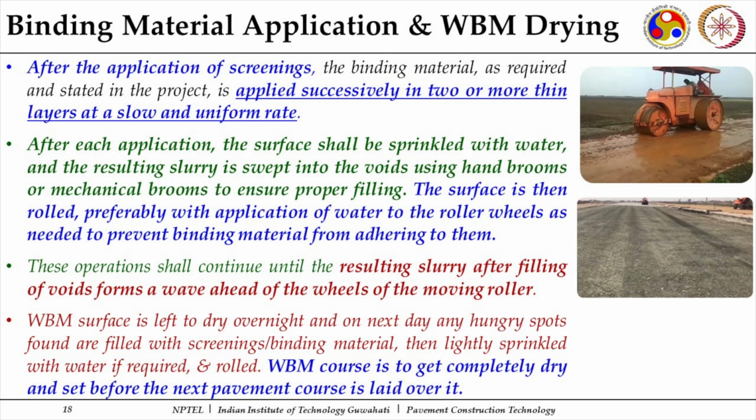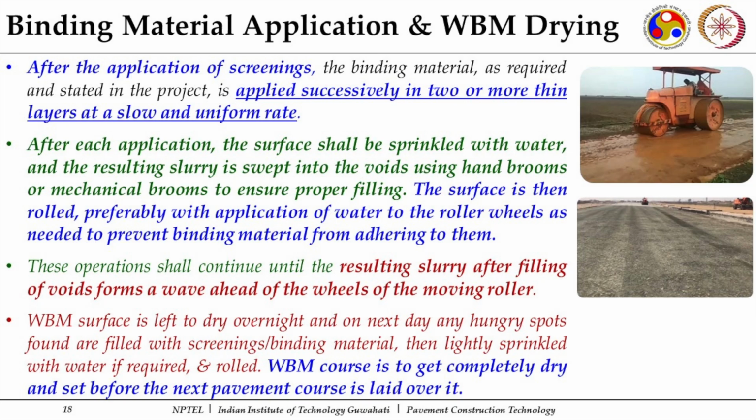So, then you can understand that all your voids got filled up with the screening and the binding material, and you do not need to go for further application of any binding material.